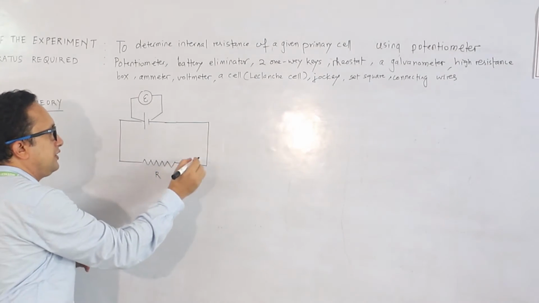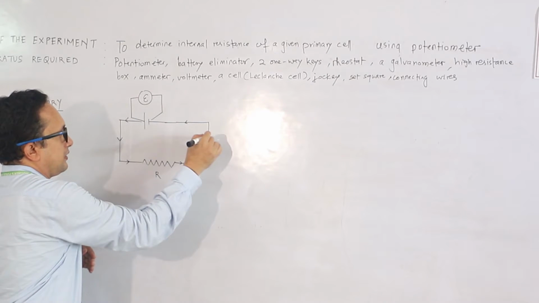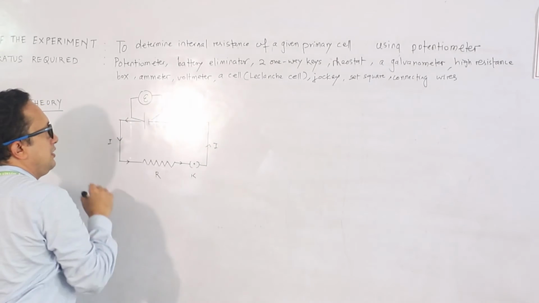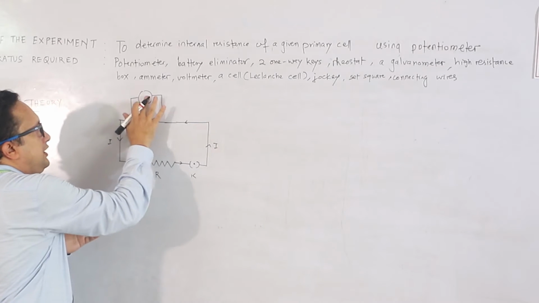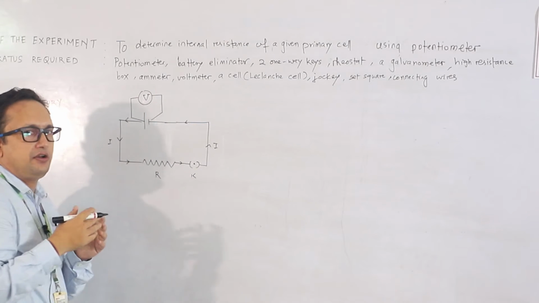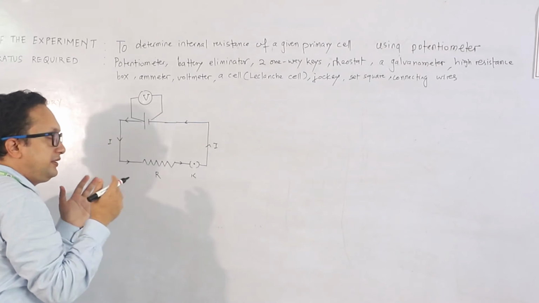But the moment you close the key, a current starts to flow in the circuit, and instead you will see that the reading will be less than E, and I call that the terminal potential difference. Why does this happen?